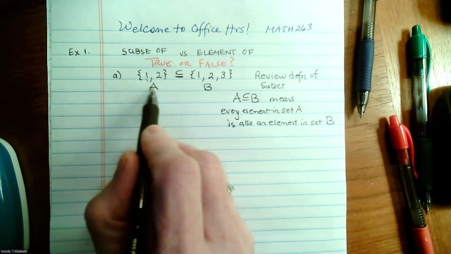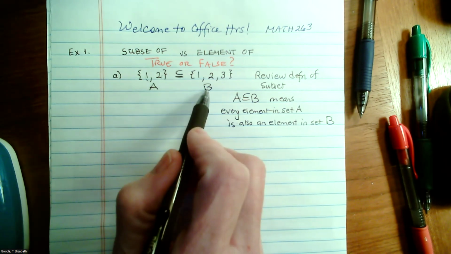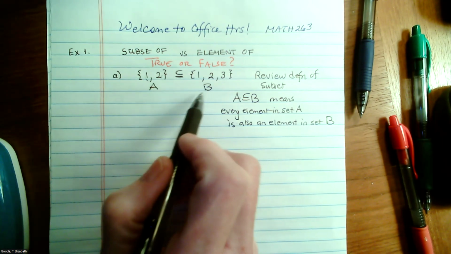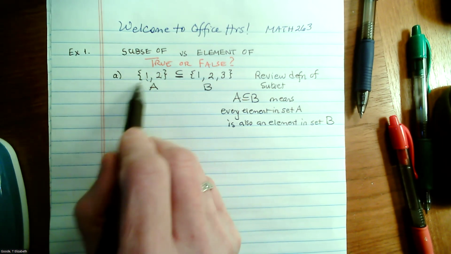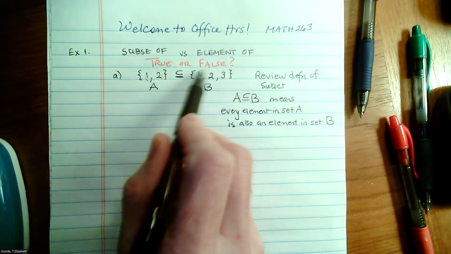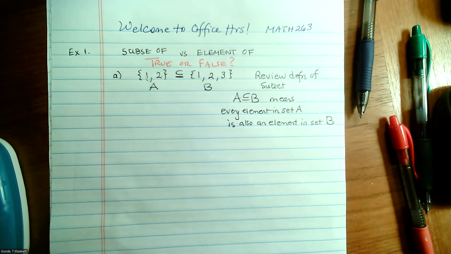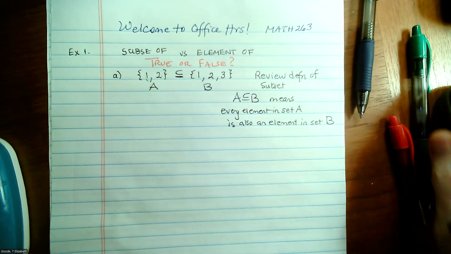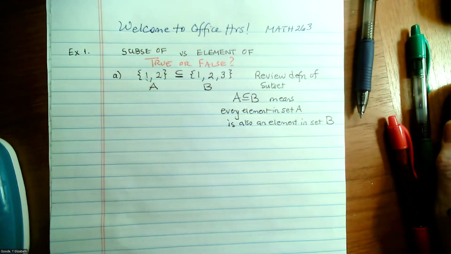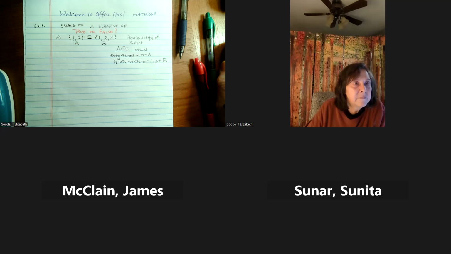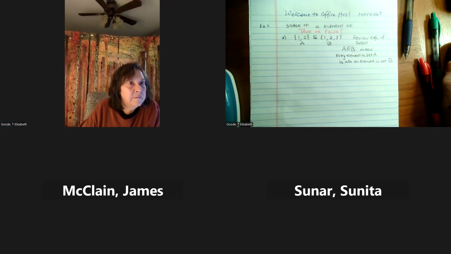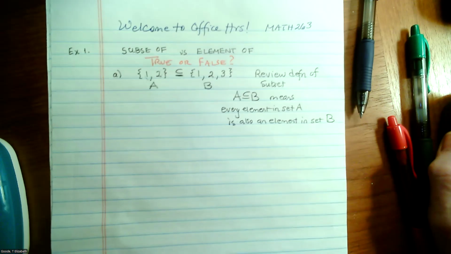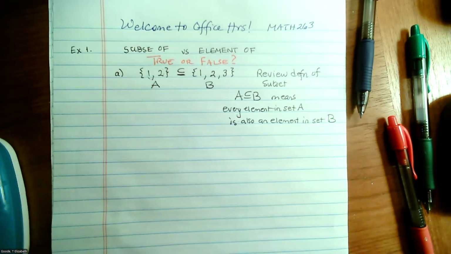In some sense, if A is a subset of B, A is less than or equal to B because all the elements in A are elements in B. I'm going to pin this. Make sure it shows up.